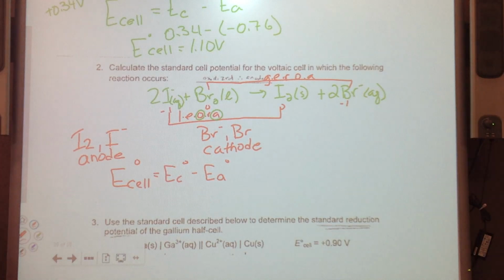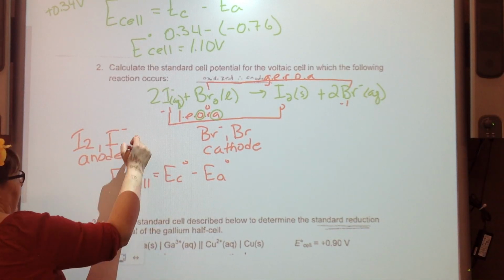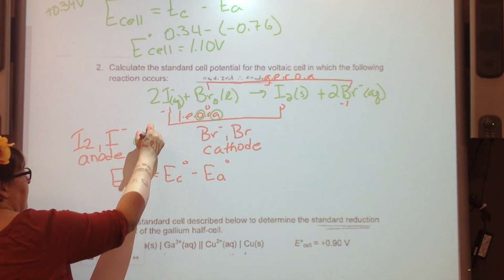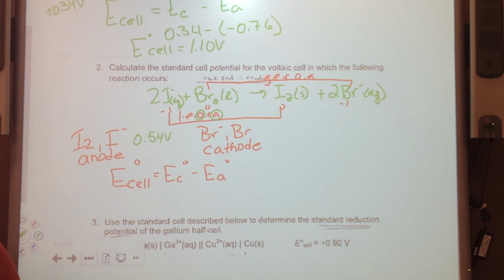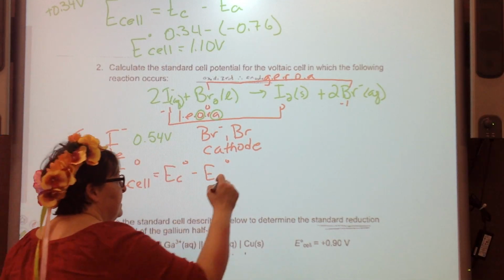So what is the value for I2 and I minus? 0.54. And what is it for bromine and bromide? 1.07. They're both positive.